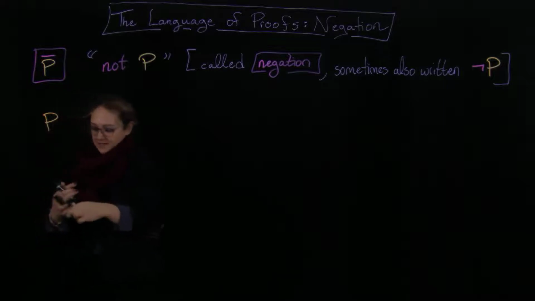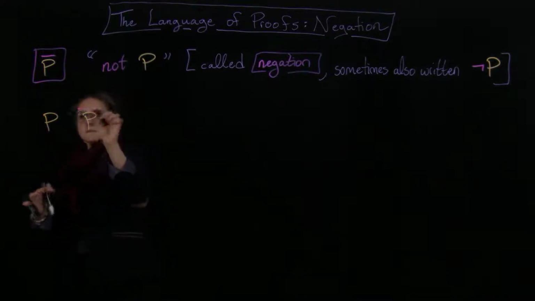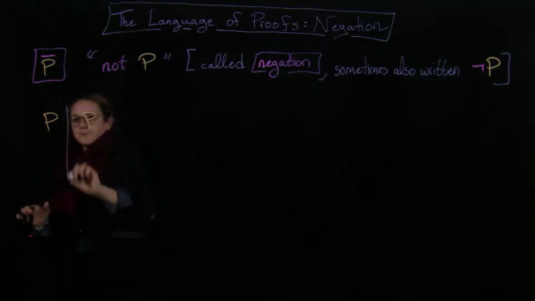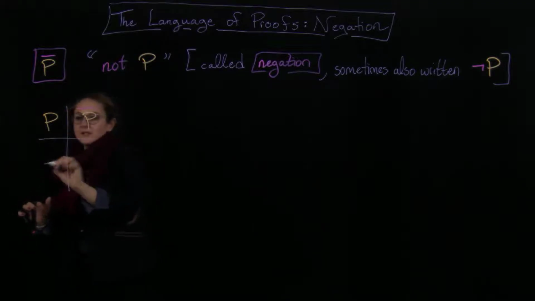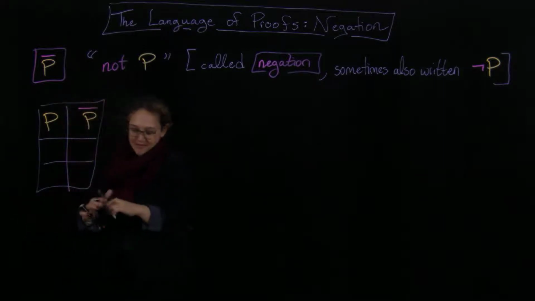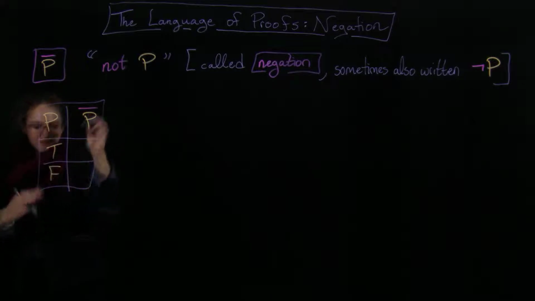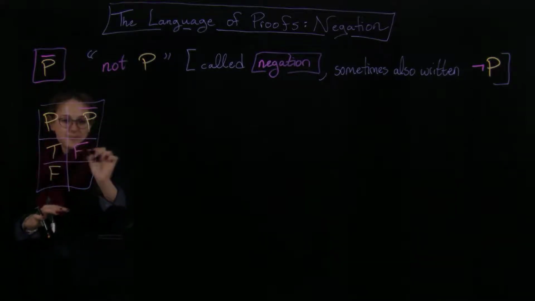Okay, and then we have our truth table. So I have P, and then I have P bar. And so we only need to worry about when P is true or false. And it's kind of an interesting truth table because it really flops, right? So if we have true and false here, then we're going to have false and true.